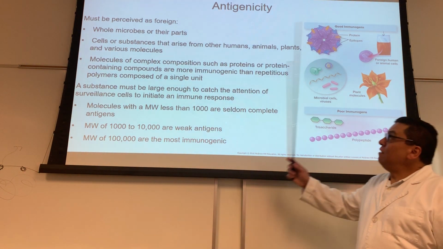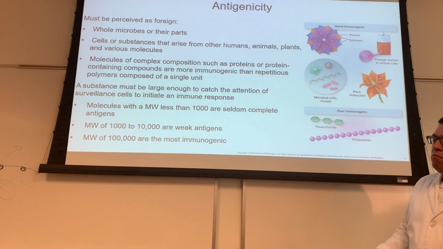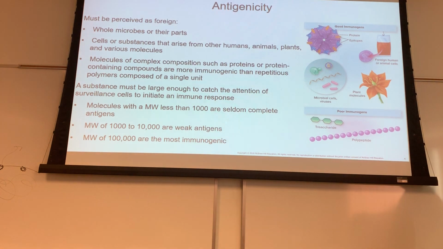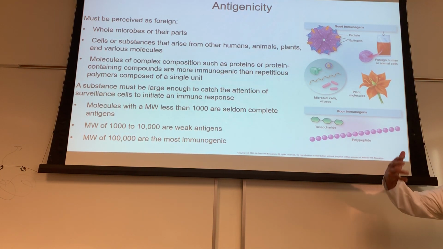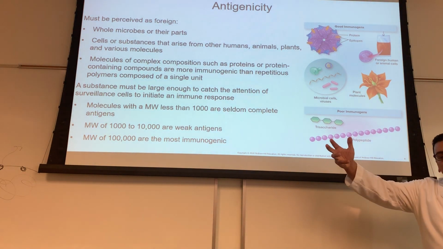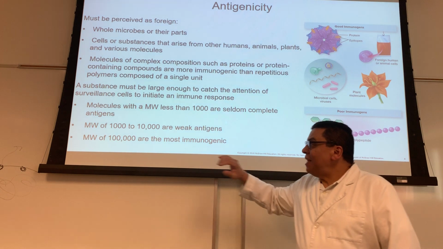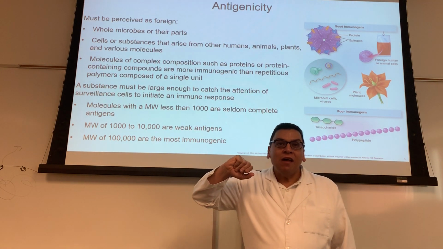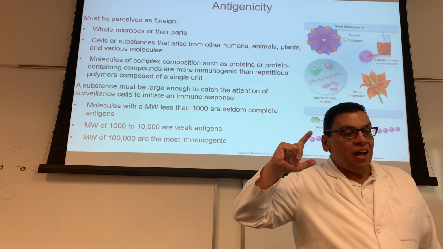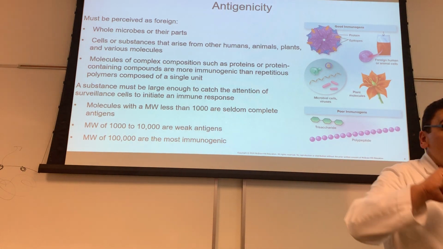Large and the fact that it's protein would make the best antigens, meaning it's the one that would stimulate your immune system to its potential, to its maximum or maximal potential. So that's the combination, that's the trick here. Large in size, in molecular weight, and protein.